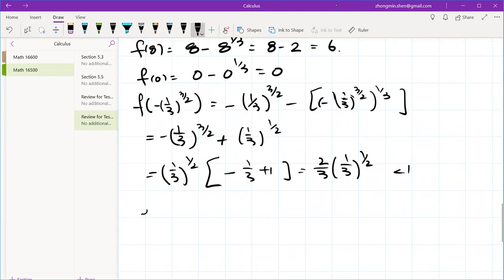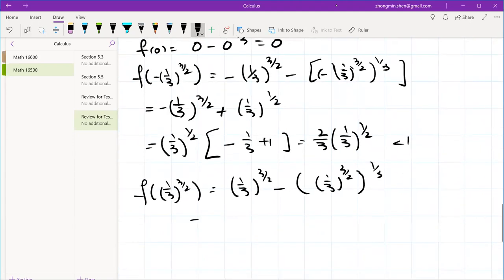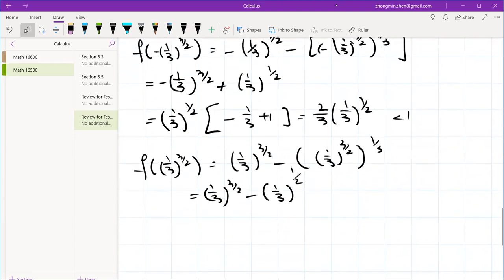So let's look at the next one. Then I take 1/3 to the 1/2 out.